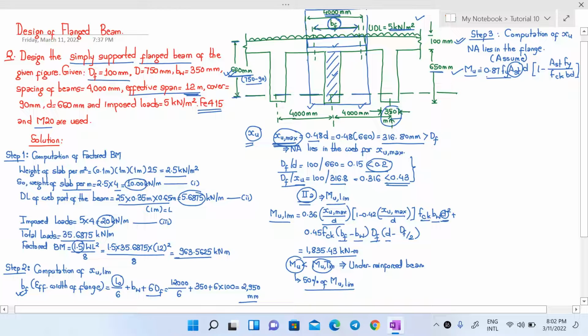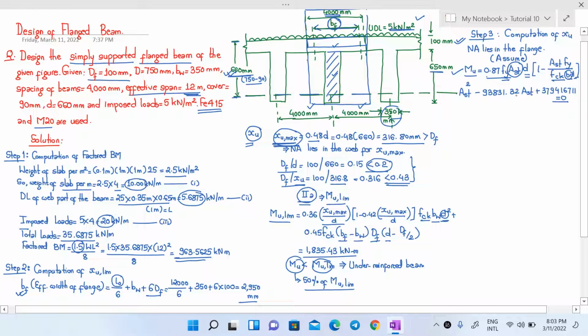So Mu we have 963.5625 kilonewton meter, fy we know, d we know, fck we know, and b or bf also we know. Remember b is bf here. So express this equation in terms of Ast, and inserting all the values, you will get a quadratic equation: Ast squared minus 93831.32 Ast plus 3794.16711 equals 0.